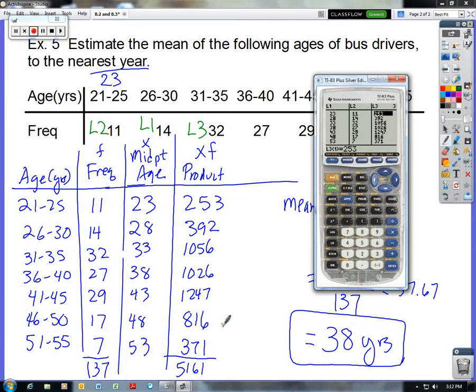So in order to sum, you're going to go to a blank screen, second quit, and you're going to go back to your stat button. And I do believe it's under calc. Maybe not. You can see I haven't done this in a while. Oh, never mind. It's not under that. It's actually under second stat. There we go. Okay, so it's second stat and then ops.